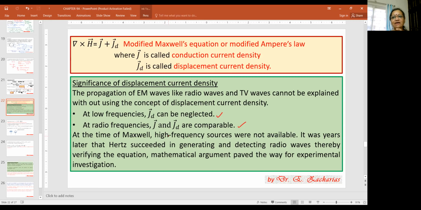Yet this idea that JD will be appreciable at those frequencies was a foresight.